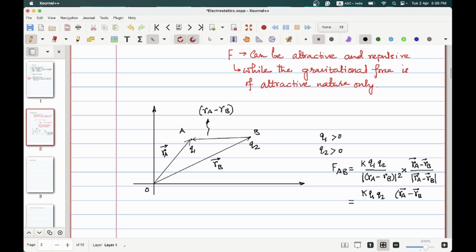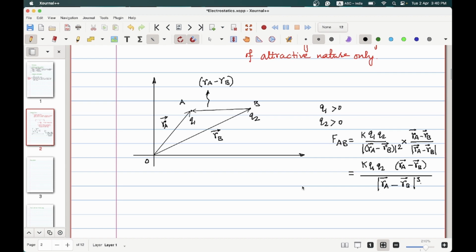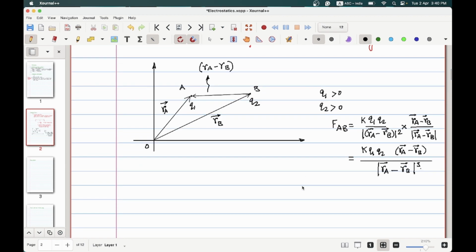by mod of RA minus RB. So this is the vectorial expression of the Coulombian force.